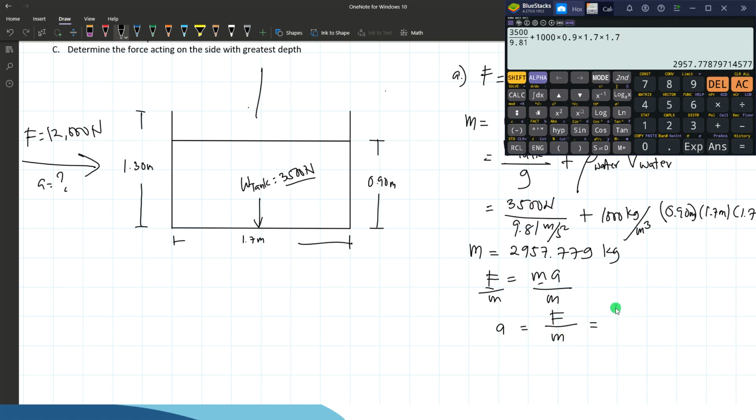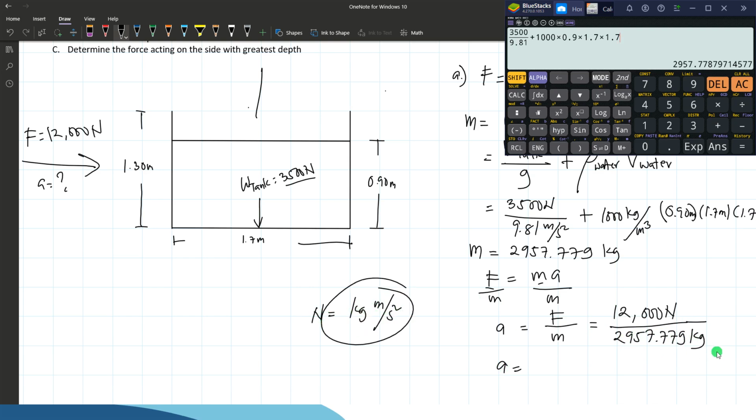So the force is 12,000 newtons to be divided by the mass, which is 2957.779 in kilograms.